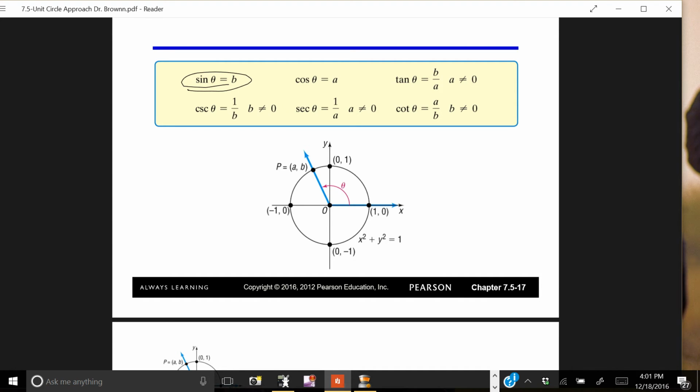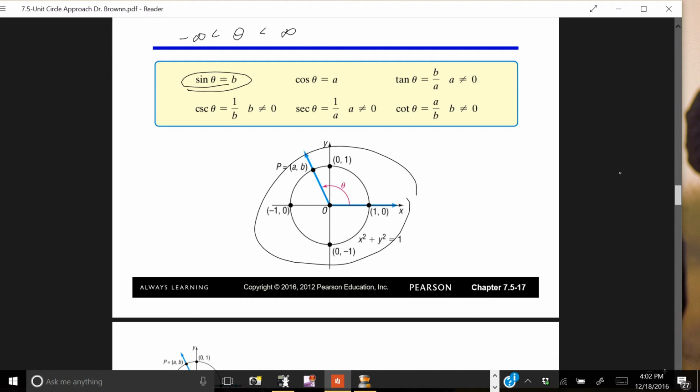So theta can be anywhere between infinity and minus infinity. We could start at 0, go around to 2 pi, to 4 pi, 6 pi, all the way around, keep on going, approaching infinity.